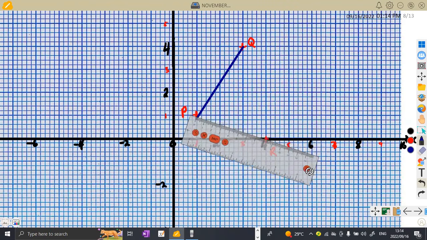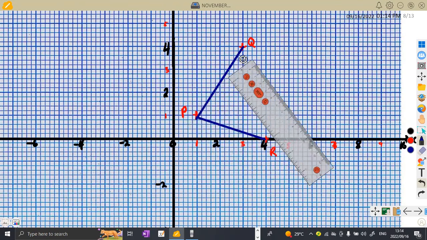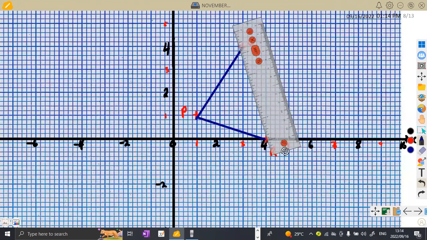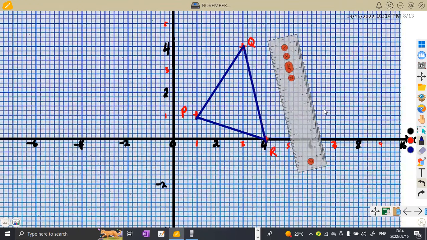Then from these ones, I have to join the last two. So this is what I'm going to have at the end. This is my triangle PQR.